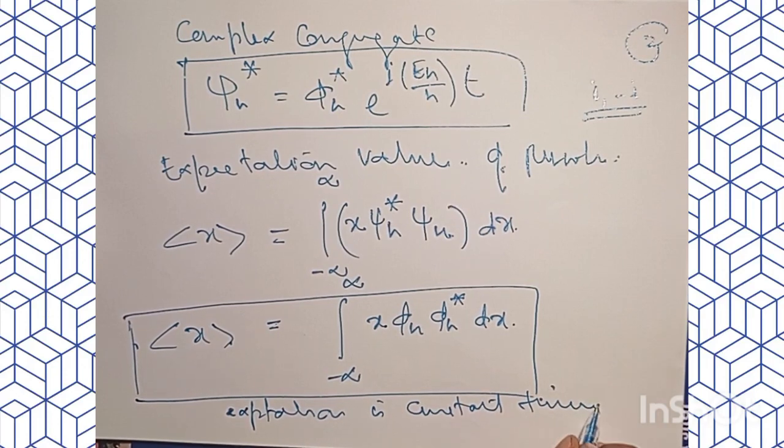There's no change in time, and by definition, we can say this expectation value is a function of position alone here, and the electron is not oscillating. It's not vibrating, and the electron is non-radiative in this case.